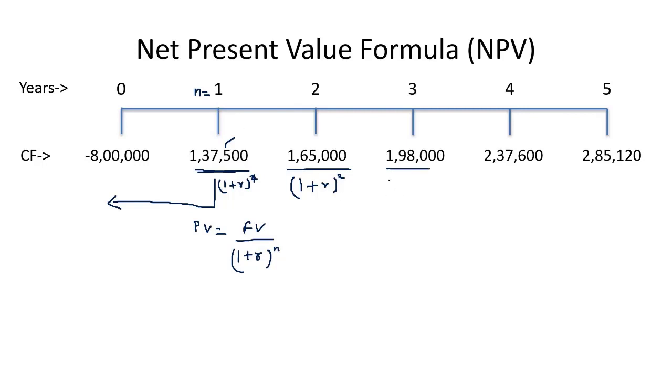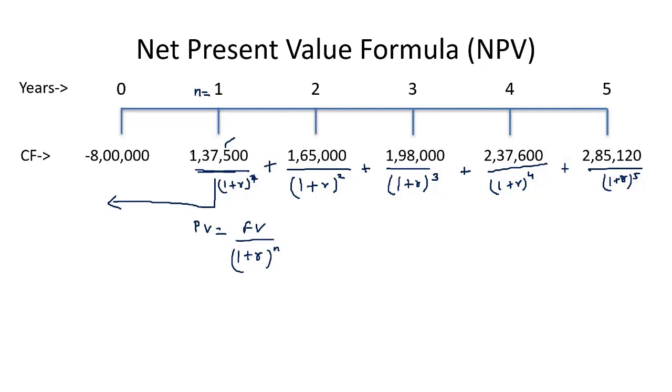Similarly, for the third year, we are doing the same thing, which is 1 plus R raised to 3, 1 plus R raised to 4, and 1 plus R raised to 5. This is applying the same formula as we learned earlier, that is the present value formula. So we are just adding up all these numbers to get to today's value.